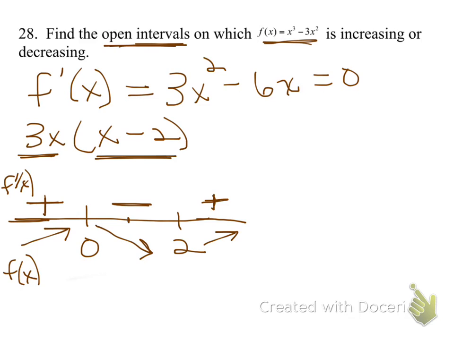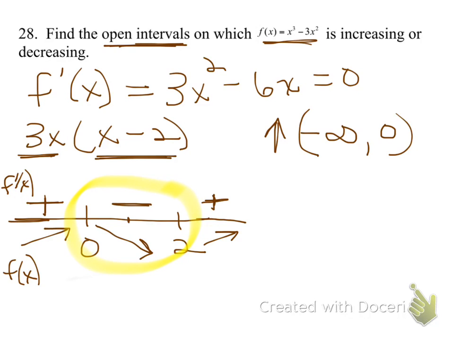my sign chart that my function is increasing from -infinity to 0. Then I see my function is decreasing in this window right here.